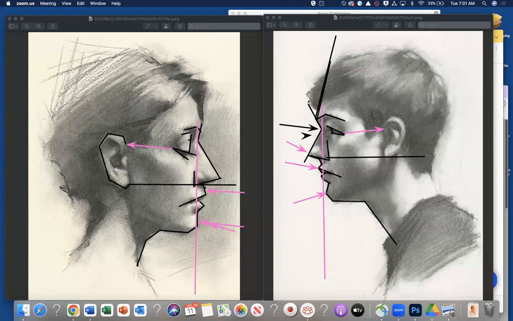Now the back of the head, back of the eye. See how the head kind of goes back here and then starts to kind of curl in and then down. So right here is kind of where the head starts to turn. As you can see, it's starting to happen here as well. It's kind of the back of the eye.